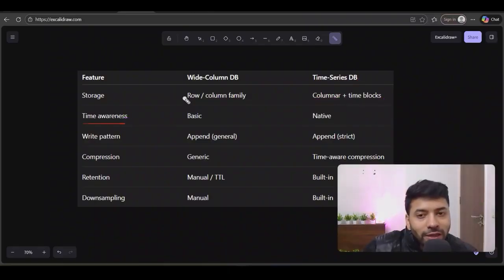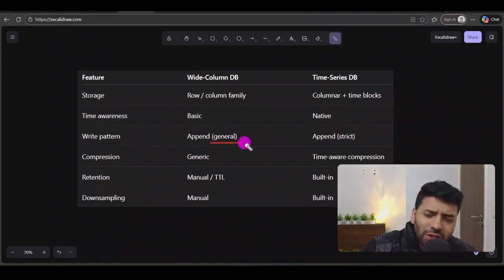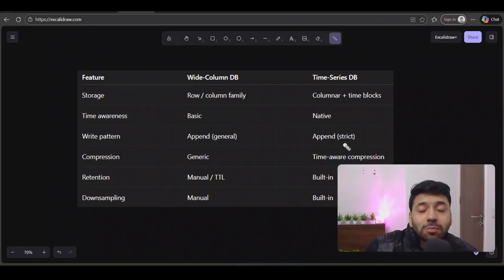Talking about time awareness, it is basic in a wide column database, whereas it is native, the most important thing, in a time series database. Talking about the write pattern, as we discussed earlier, in a wide column database it is in general append, but in a time series database it is strictly append. When we talk about compression, it is generic in a wide column database, whereas it is time aware compression in a time series database. So everything is specific to time in a time series database.